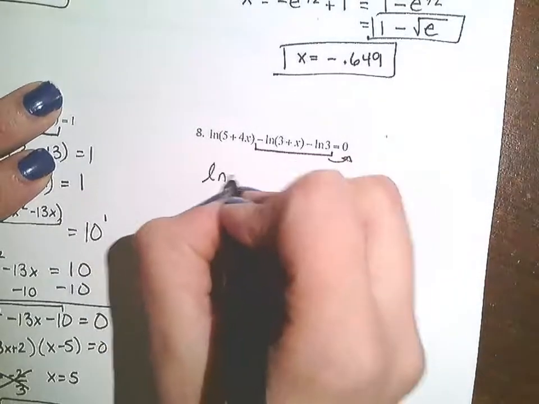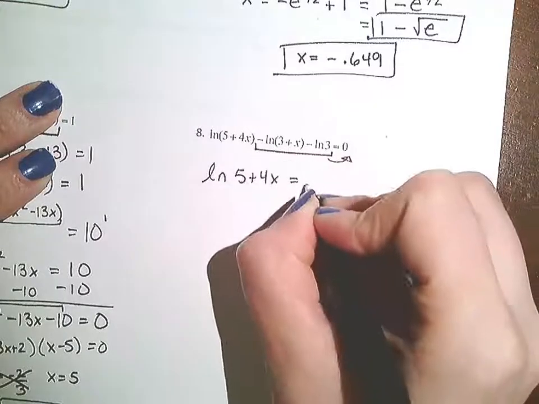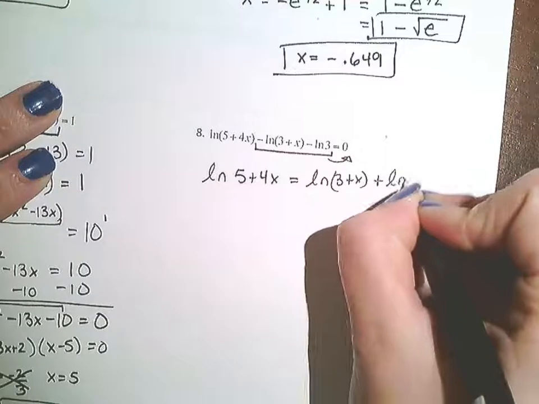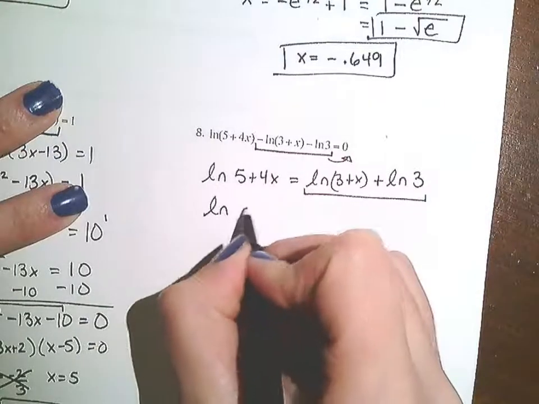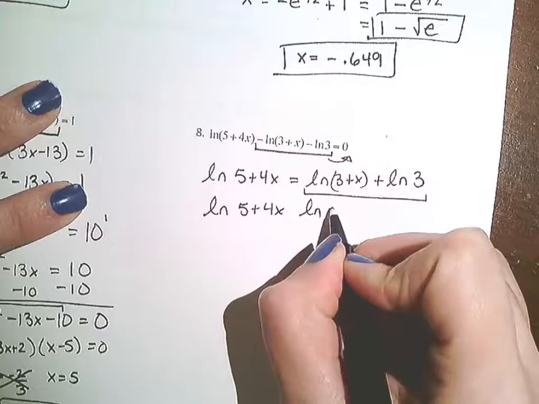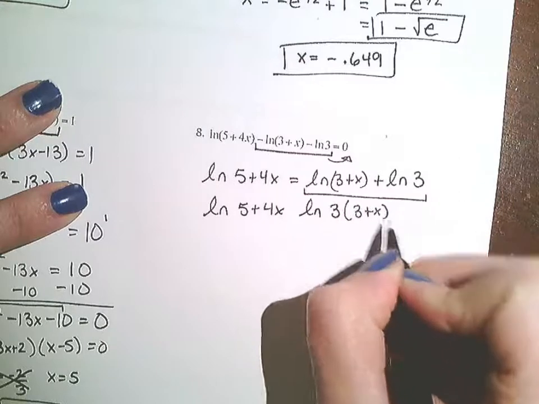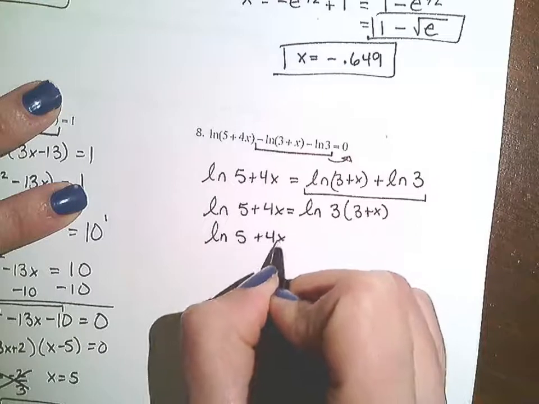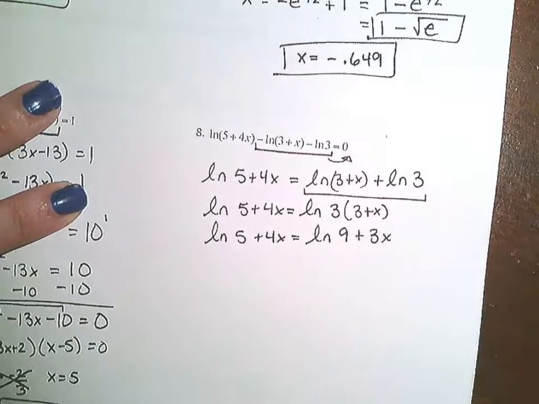So we end up with ln of 5 plus 4x on this side, and on this side you have ln of 3 plus x plus ln of 3. So because these two are added, I can combine them into ln of 3 times 3 plus x. And then when we clean this up, we get ln of 5 plus 4x equals ln of 9 plus 3x.